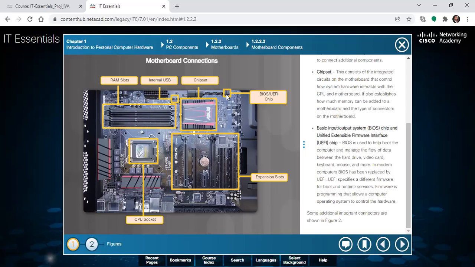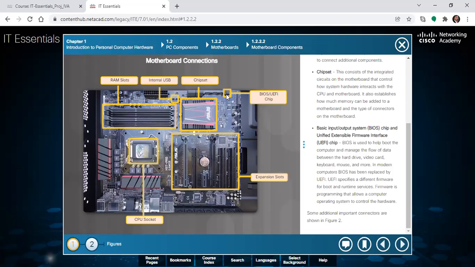So the BIOS keeps the firmware information, the companies that produce the parts you have on your board, the configuration of the board or of the system. Let me just put it that way so I don't confuse you. So that is what the BIOS does.